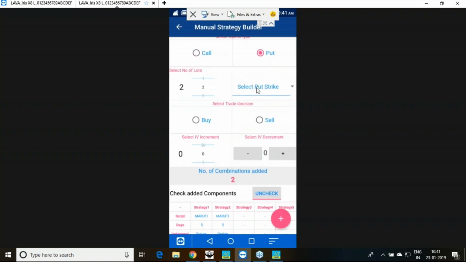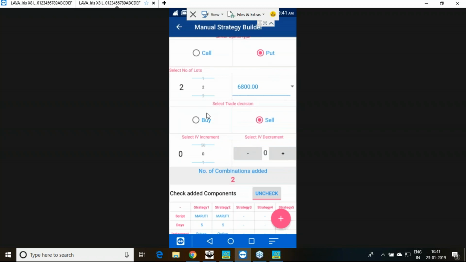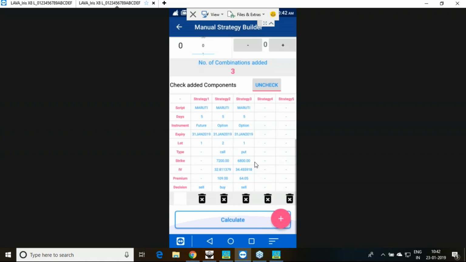First I have to select the put option 6,800, and this one I need to sell, with the number of lots being 1, and I am adding this component also. Once I have added these 3 components, you can see them here: a future 1 lot which is sell, 5 days of holding, and 2 lots of call buy and 1 lot of put buy.